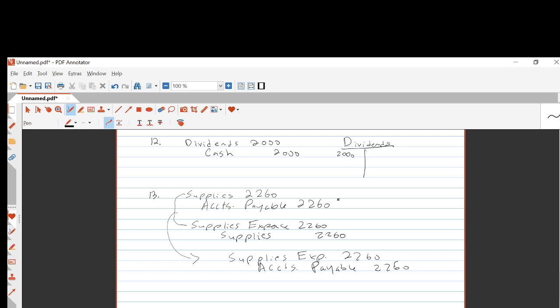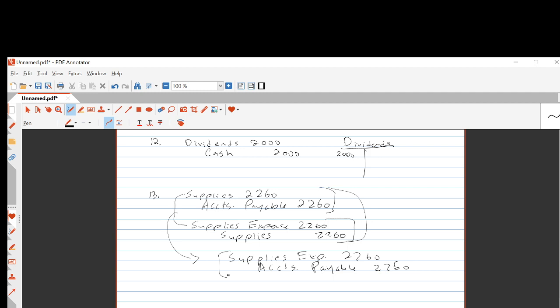But in reality, this is what you would do as the company, because you first get the supplies. This happens first in time, and then later in time, this happens. But what they're assuming is that these two things happen at the exact same time, instantaneously. And if that's the case, then this would be the entry.